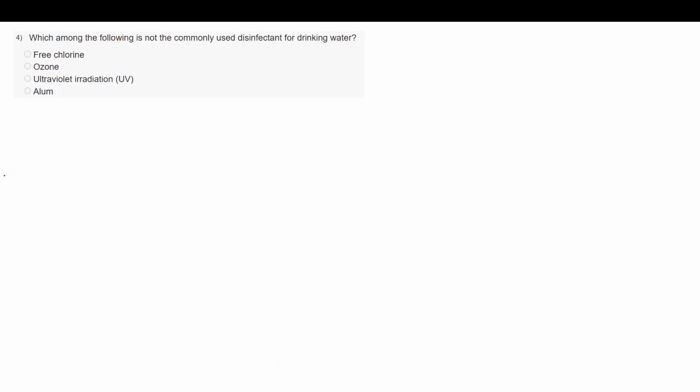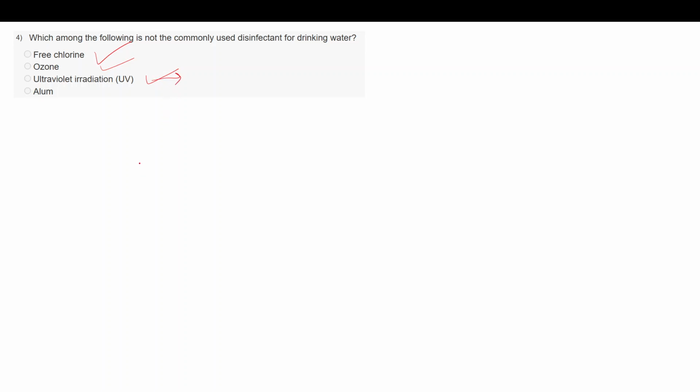Next is, which among the following is not a commonly used disinfectant for drinking water. If you look into the options, free chlorine is a disinfectant, ozone is also a disinfectant, and UV again, because almost all household water purification systems have a UV system.